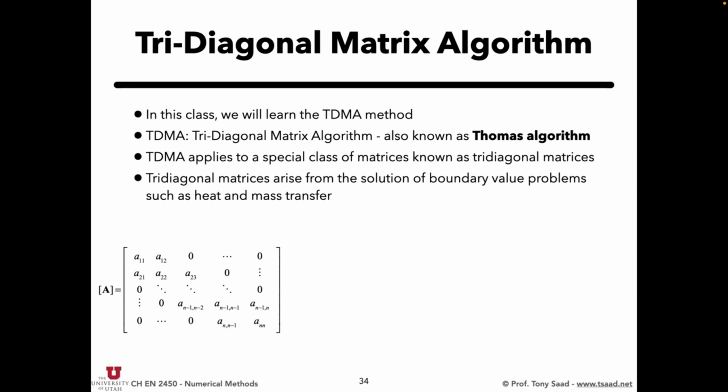This kind of matrix shows up in diffusion type problems, like heat transfer or mass diffusion. So it's very common to encounter this kind of system in chemical and mechanical engineering. That's why we study it, and there's a very efficient technique to solve it.